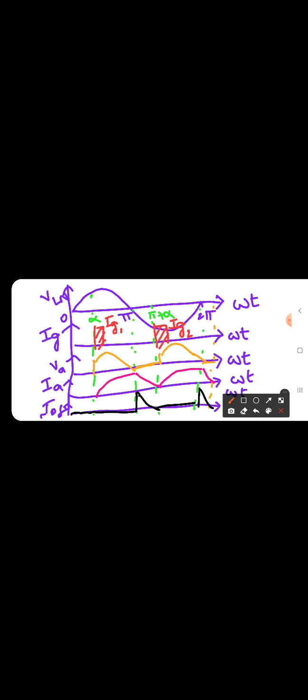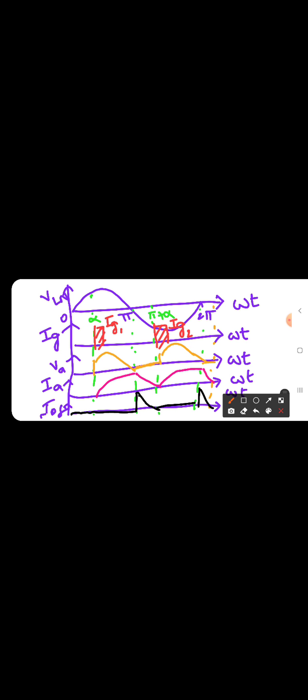I hope you got an idea about this waveform. We'll go to the next one.